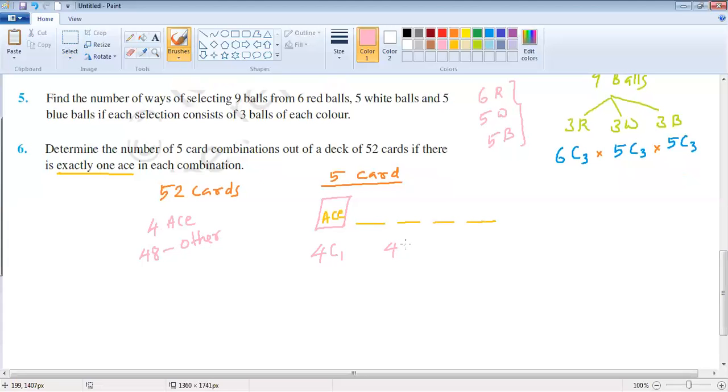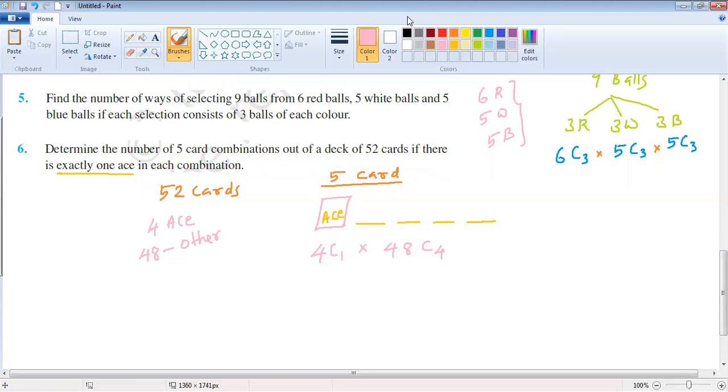That is possible in 48C4 ways. So the ace can happen in 4C1 ways, the other 4 cards can happen in 48C4 ways, then both together can happen in 4C1 into 48C4 ways.